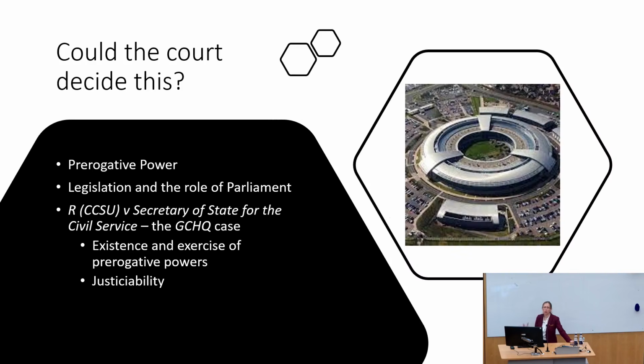It's a power that belongs to the government, technically the Crown, because technically it's a royal prerogative, a personal prerogative of the Queen. And what we mean by a prerogative power is it's something that has historically belonged to the Crown.